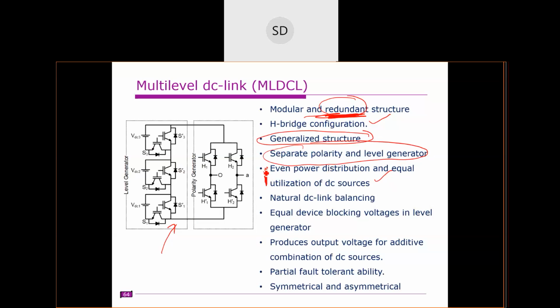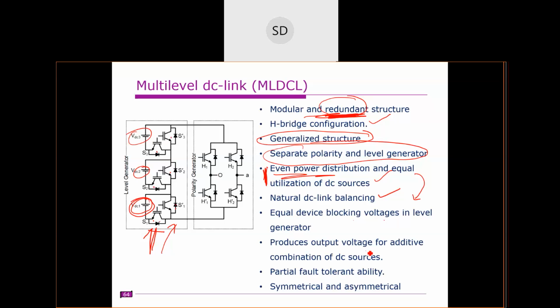Like CHB, by using an appropriate PWM method, we can equalize the power delivered by all these DC sources. When the power delivery is equal, we can obtain natural balancing of these DC sources, or of the capacitors if you replace them. We also discussed equal device blocking voltages in the level generator switches: if we assume the DC sources are equal, the blocking voltages of all these switches are equal.